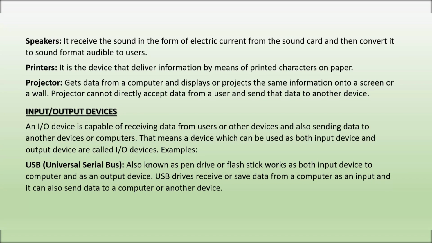Next point, input and output devices. Some parts of the computer are included in input and output devices. First, what is an input output device? An input output device is capable of receiving data from users or other devices and also sending data to other devices or computers. That means a device which can be used as both input and output device is called an input output device.